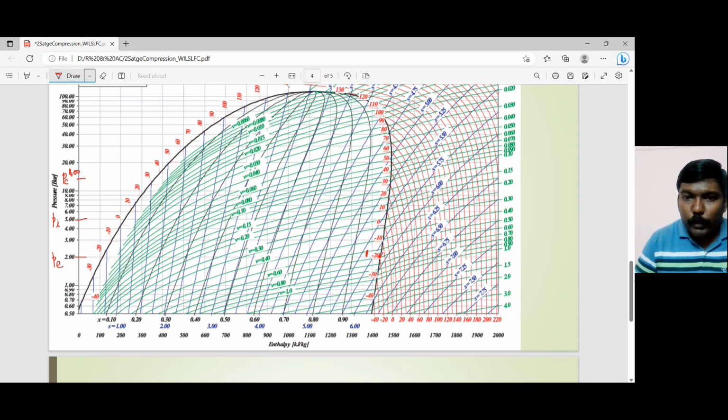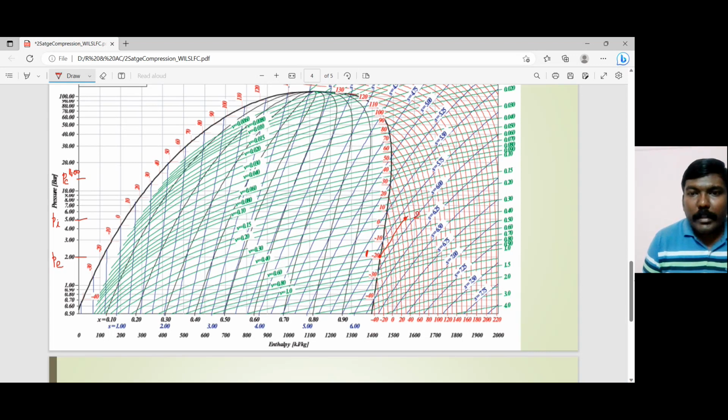Then you have to follow the constant entropy line, and I have to go till it reaches the 5 bar pressure line. I think that is my 5 bar pressure line over here. Yeah, so that is my point number 2.